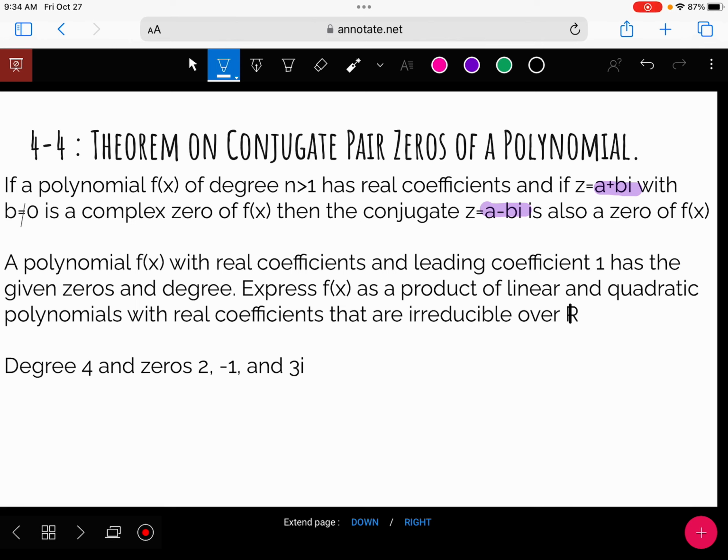So it has coefficients of real roots. So if we have a complex root, a plus bi is generally how we write it. It just means something that has an imaginary root. That means you also are going to get minus bi.